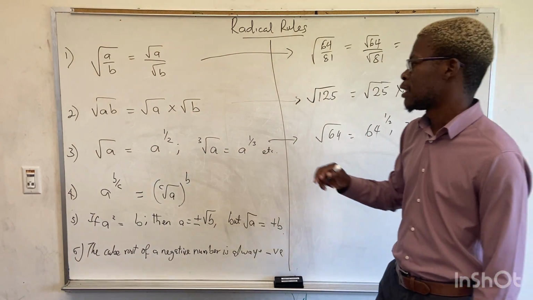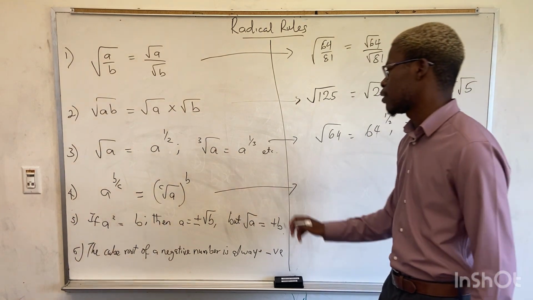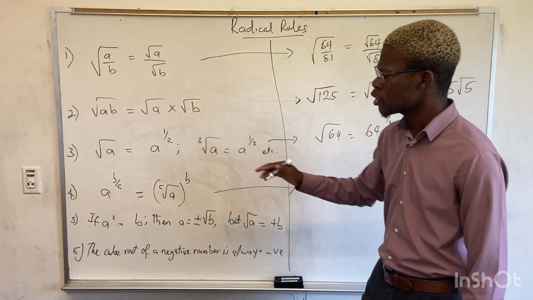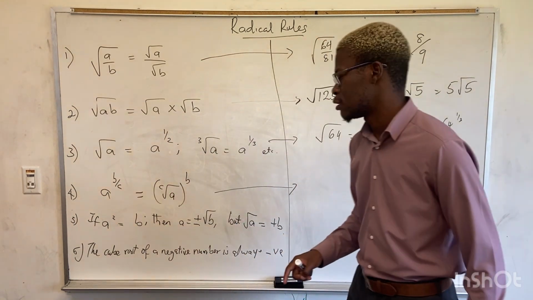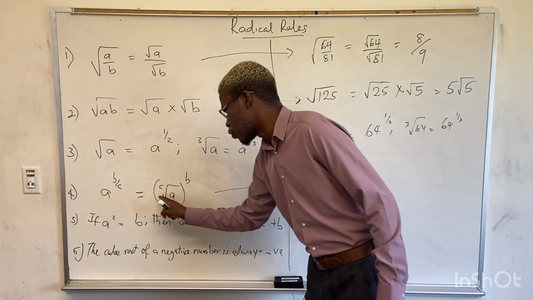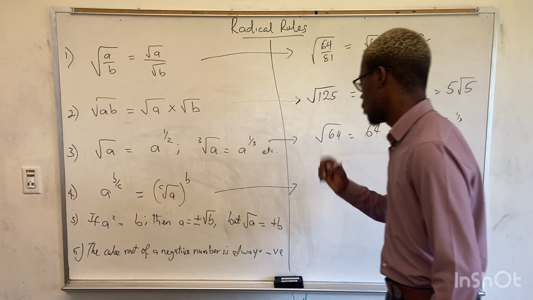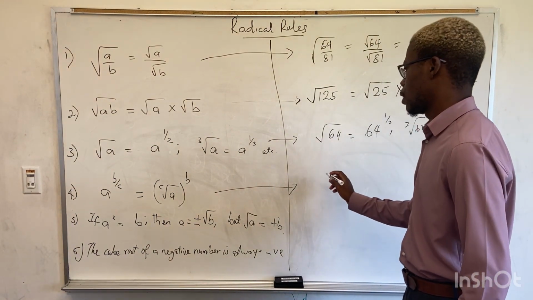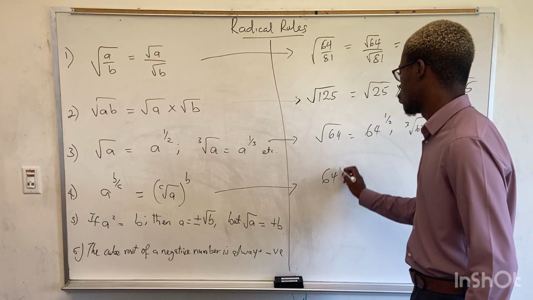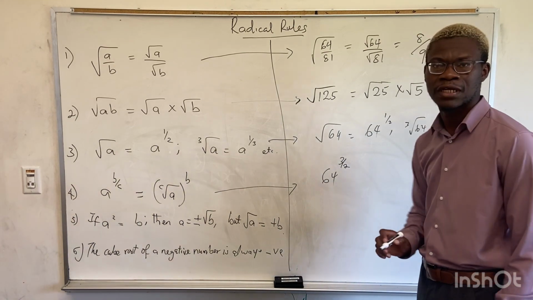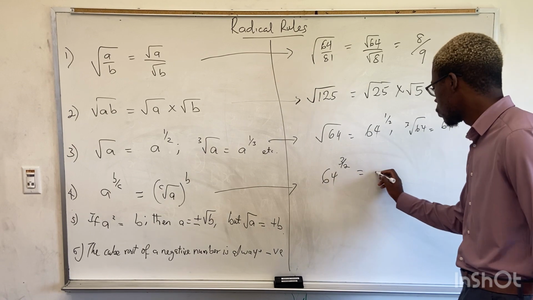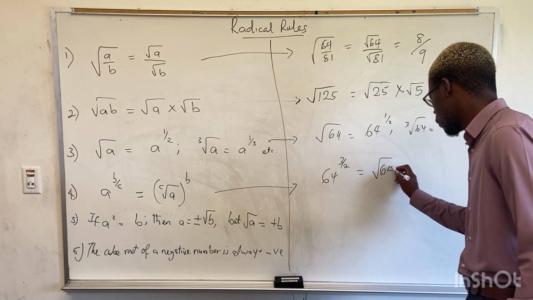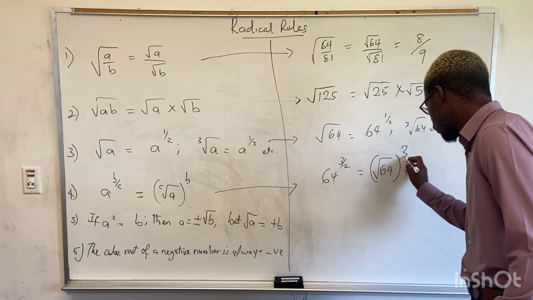All right, now next one, this one is very, very important. a to the power of b over c is the same thing as the c root of a, raised to the power b. Let me give an example. So 64 to the power of 3 over 2. What does that mean? It means the square root, this is 2, right? So the square root of 64 to the power of 3.